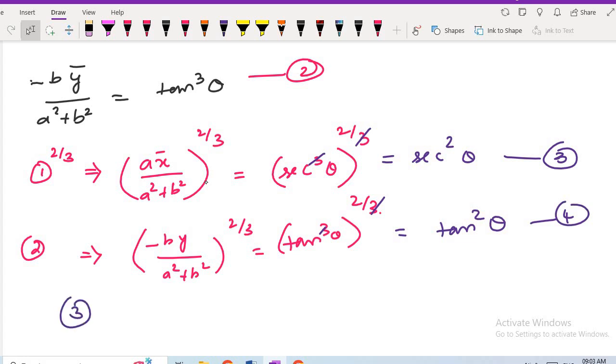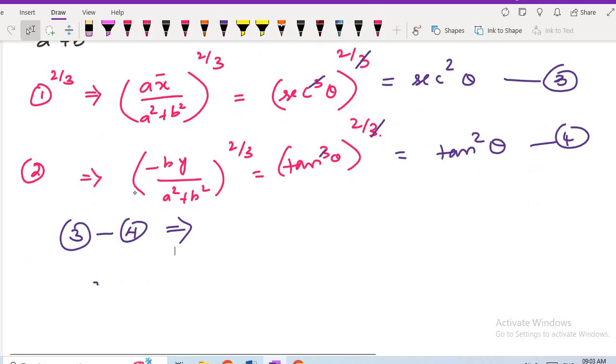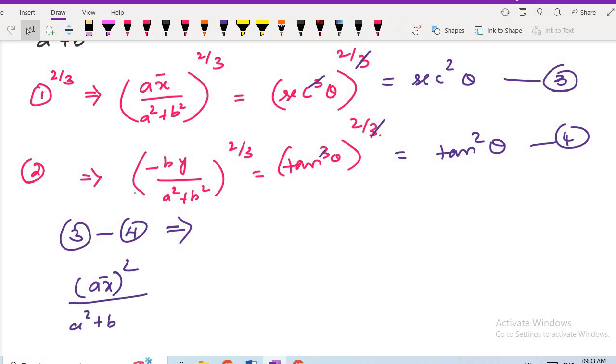Now if you are subtracting 3 minus 4, implies the third equation LHS is ax bar power 2 by 3 divided by a square plus b square power 2 by 3. For our comfort, we are separating the numerator power and the denominator power. Next, minus the fourth equation LHS.